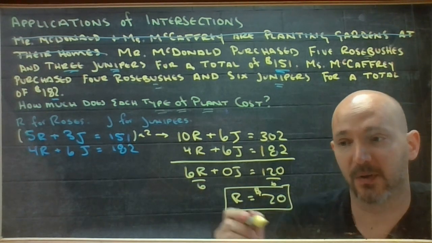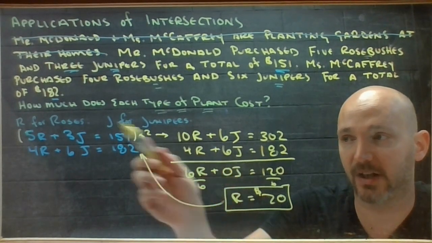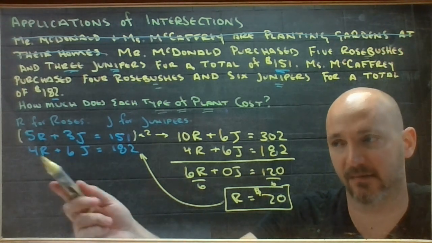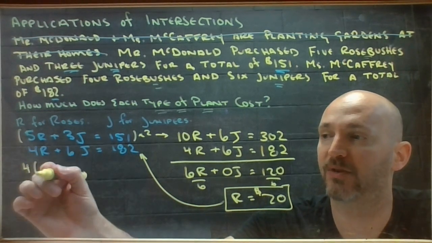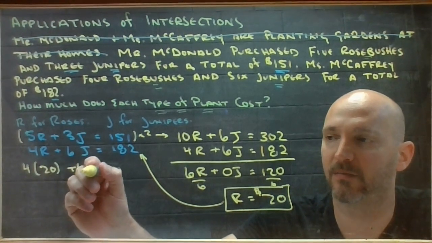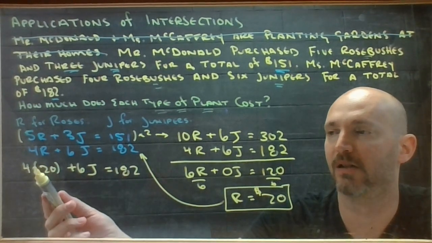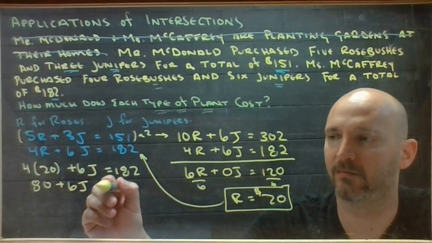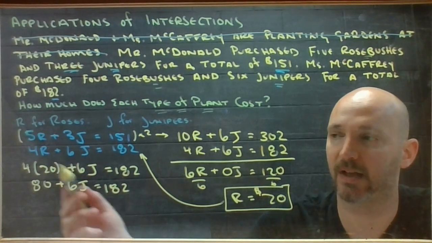Well, I still need the junipers, so I'm going to fill that R into any equation that has an R and a J. Again, for the last time, I'm choosing this one because it's located conveniently on my board. 4 rose bushes, which I know cost $20 now, plus 6 junipers is $182. 4 times 20 would be 80. So $80 of this total came from the rose bushes.